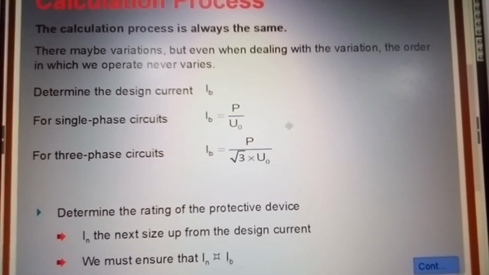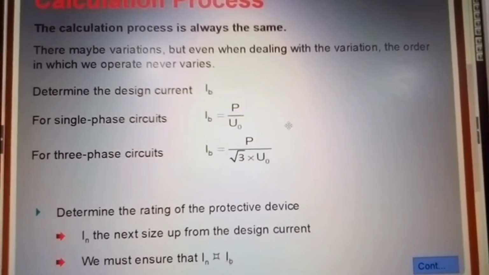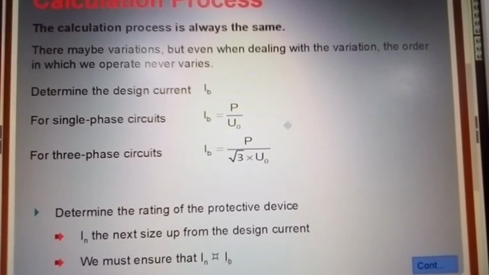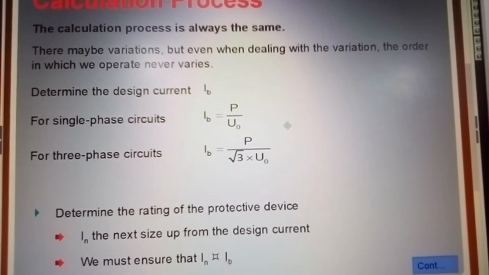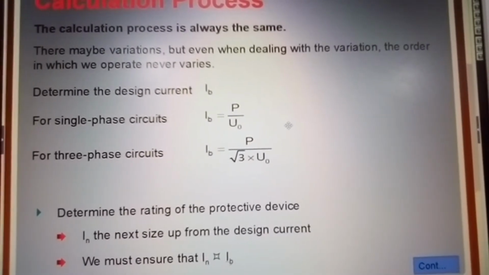Okay. Determine the rating of the protective device, IN, the next size up from the design current. We must ensure that IN is greater than or equal to IB.